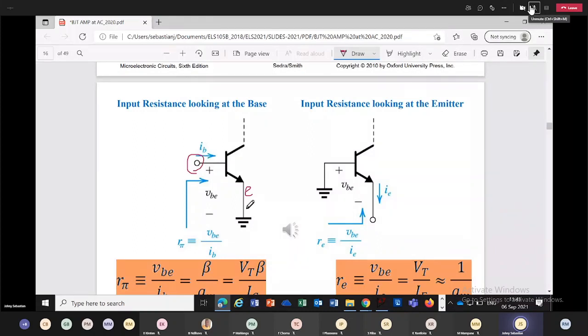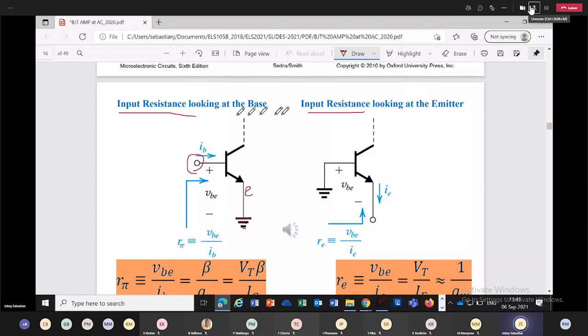In this case, your emitter is at ground. In the second case, base is at ground, but VBE is connected between emitter and base. So we are looking at input resistance in both cases.